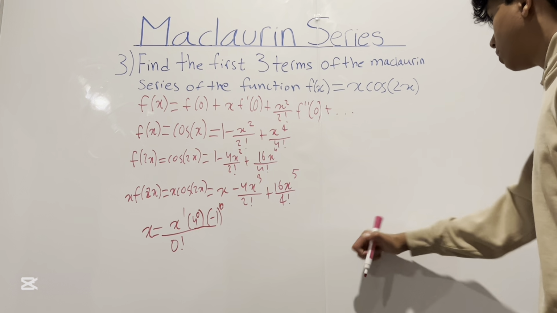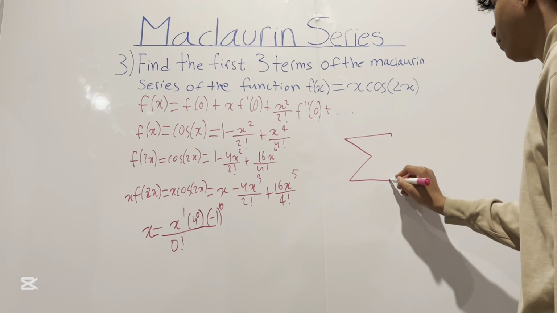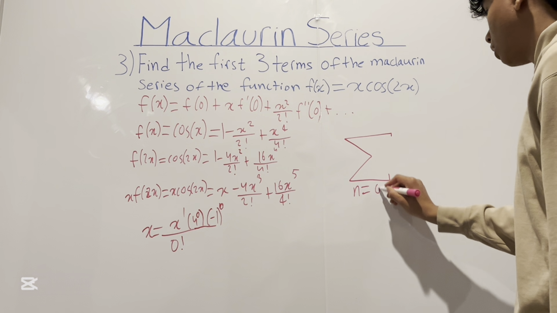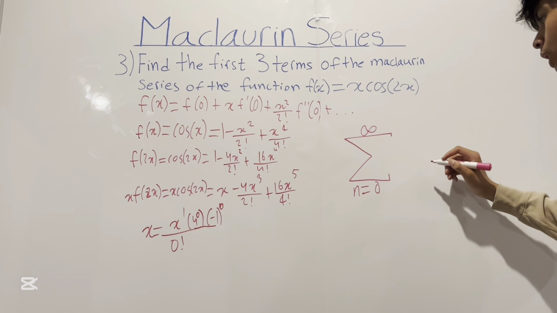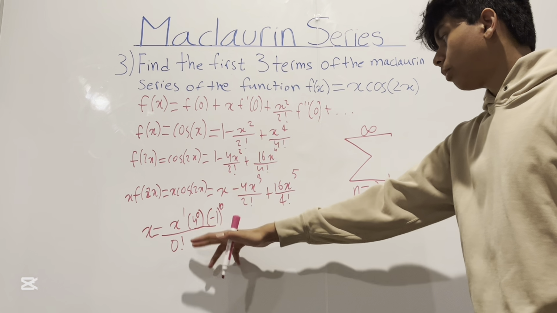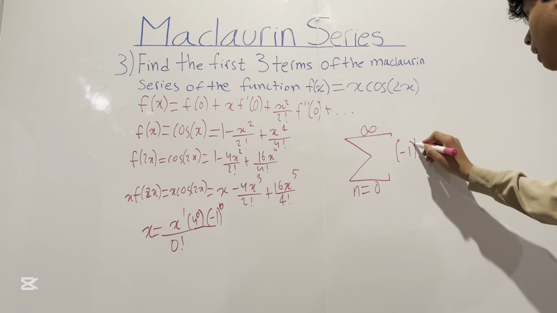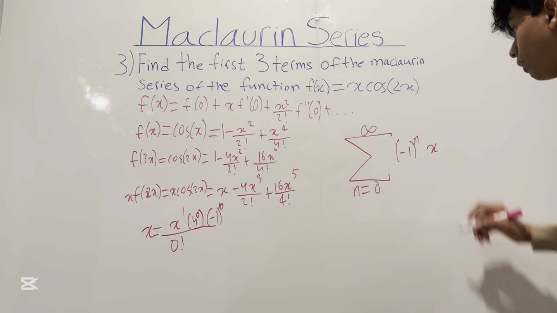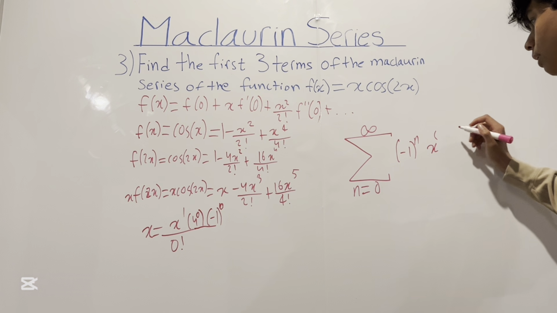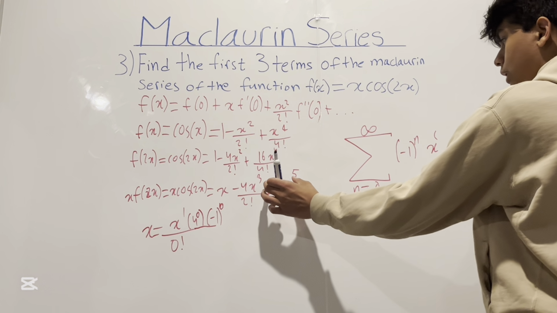Now let's find the power series of this function. So n is equal to 0, infinite terms, and this is the format that we're going to go off of. So let's write negative 1 to the n first, and then x to the, first we know that the powers are increasing by 2.